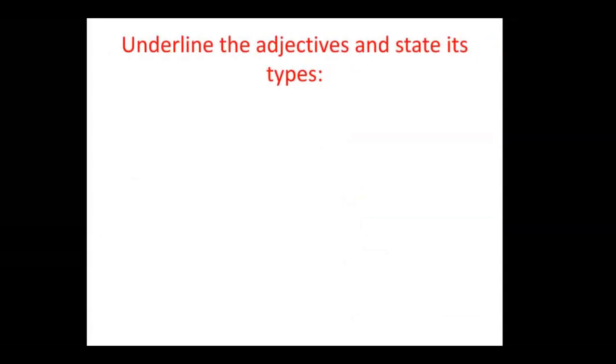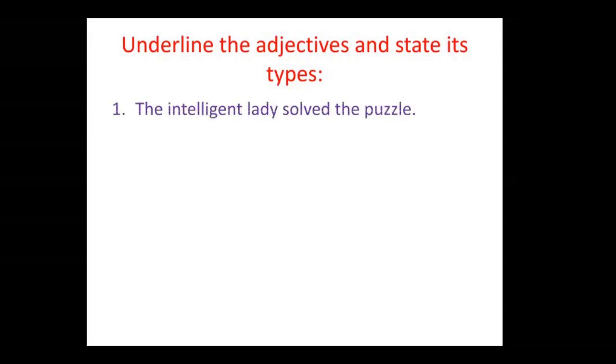Underline the adjectives and state its type. You have to tell me the adjective, and you also have to tell me its type. The first one, I'll read for you. The intelligent lady solved the puzzle.